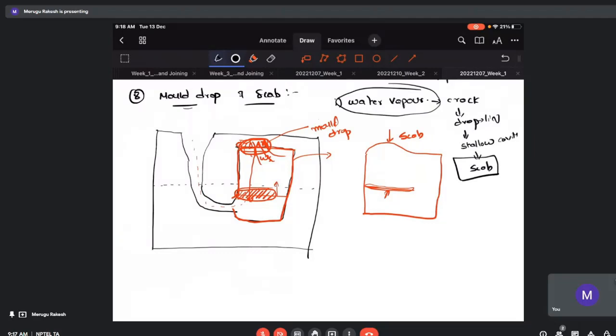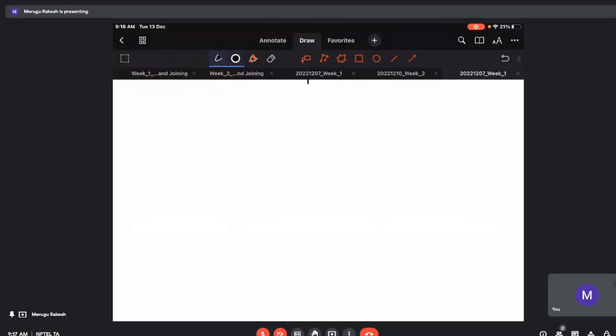So next, move to the next type of defect, that is scar, blister.